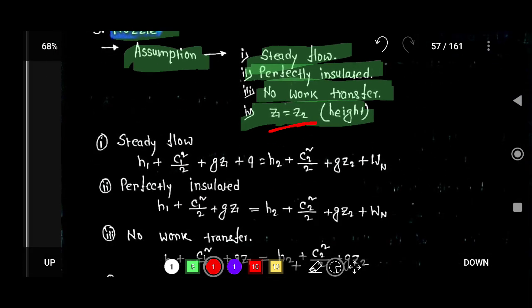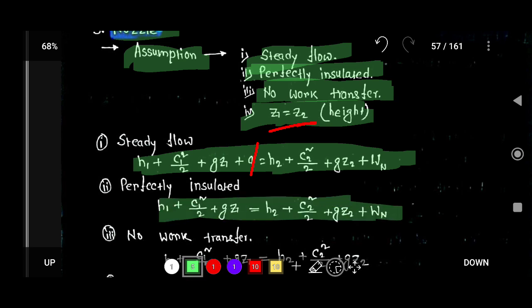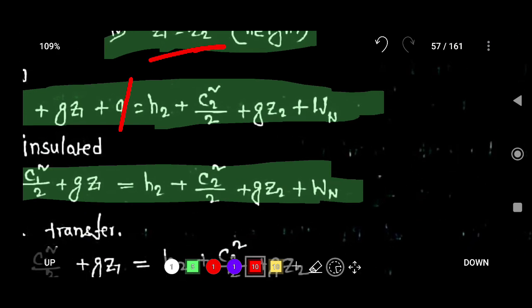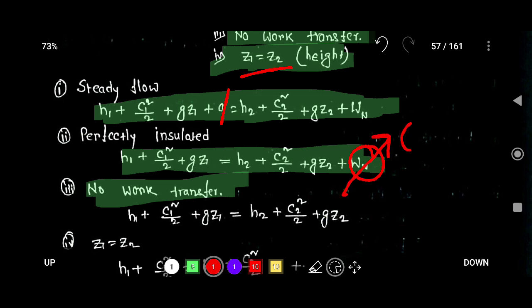Now, the steady flow energy equation means just apply this equation, and perfectly insulated means Q is equal to 0. From here you can get this equation. Here W is the work done by the nozzle, but there is no work transfer, so W tends to 0.